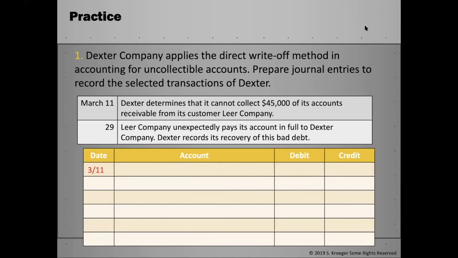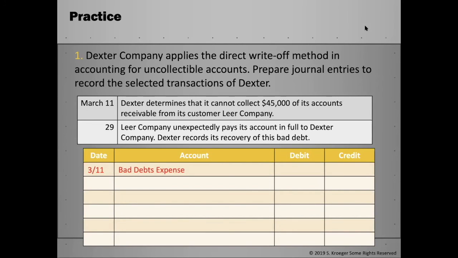This is the first entry that we showed on the previous slide. This is when we're writing off the client. They're deadbeats. They are defaulting on their account. We expense this amount and we get rid of their receivables so they are no longer on our books. And we'll do it for the amount that we are not collecting.